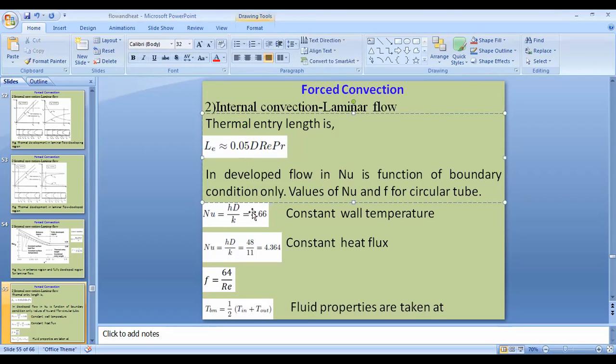But in developed laminar flow, for constant wall temperature, Nusselt number is 3.66. For constant wall heat flux, it is 4.36. And the friction factor is also 64 by Re. So if you deal with laminar flow, it is very, very easy to calculate.